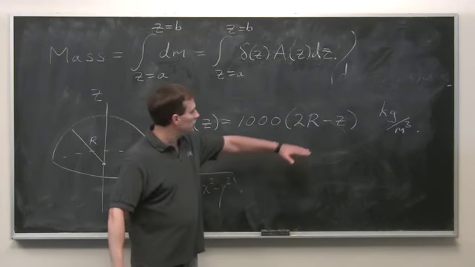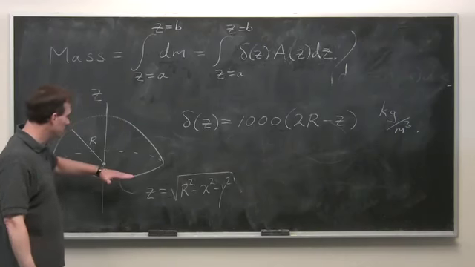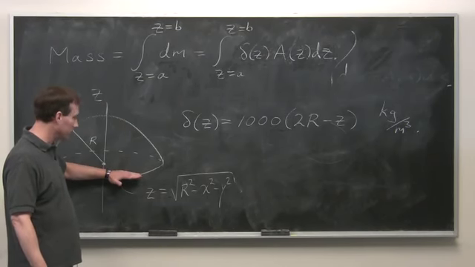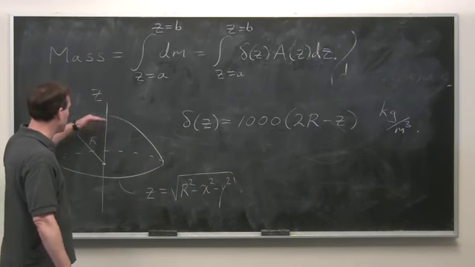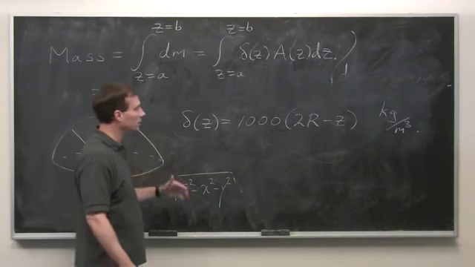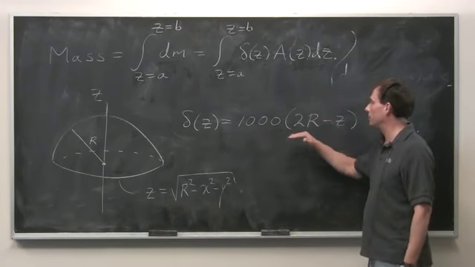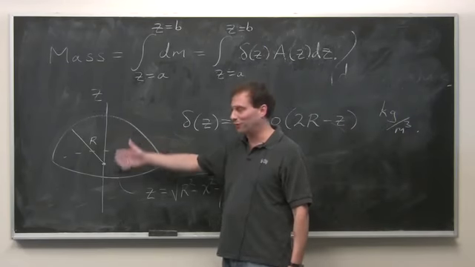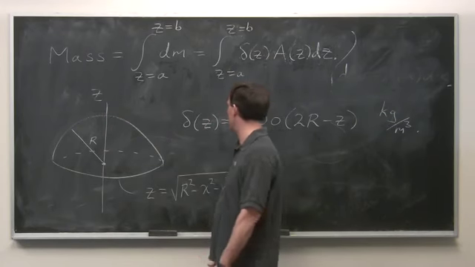It means when z is 0, your density is 2,000r, whatever r is. So when you're down here at the bottom of the hemisphere, your density is 2,000r. When you're up at the top of the hemisphere, where z is r, you would get half of that, because then you'll get 1,000 times just r. So whatever this hemisphere is filled with, we're assuming it's twice as dense down here as it is up here.